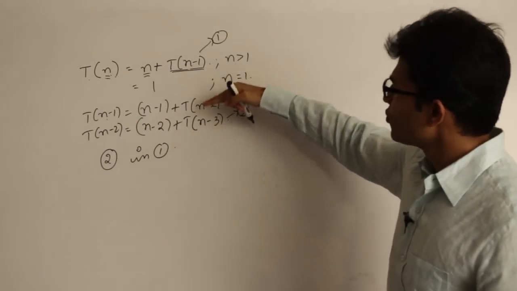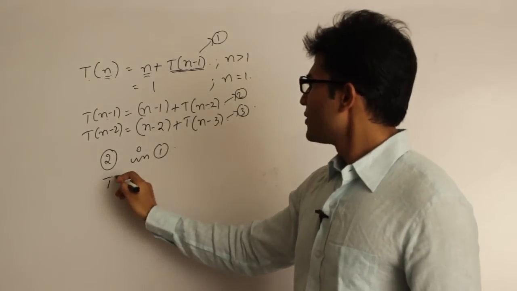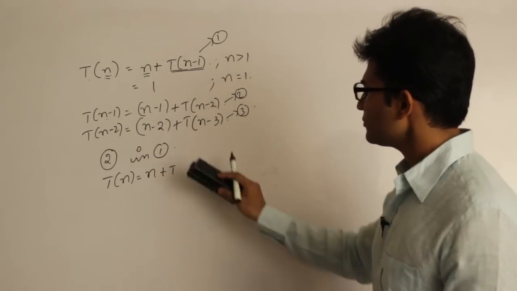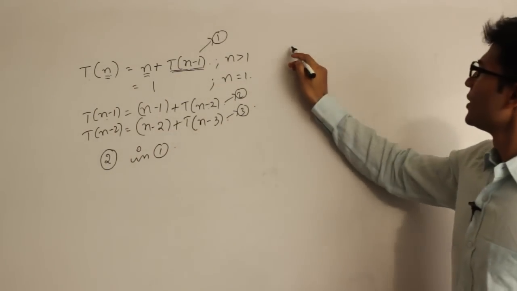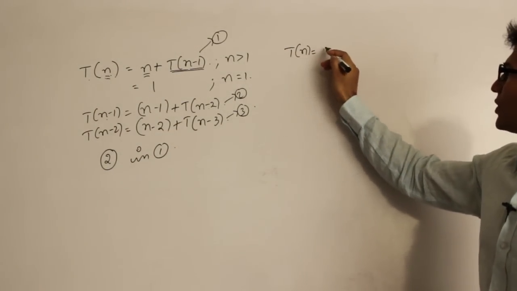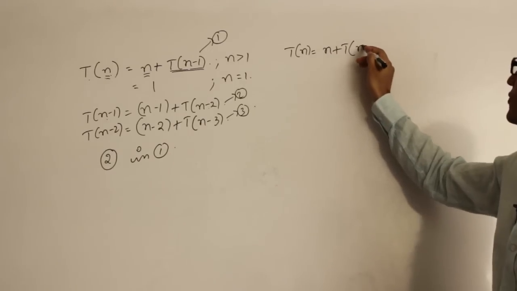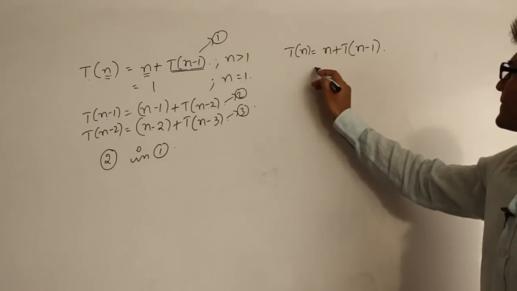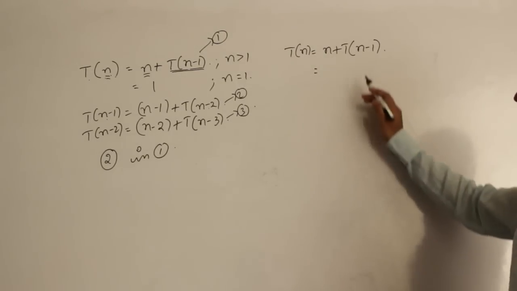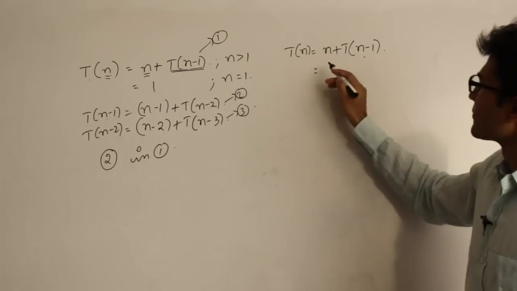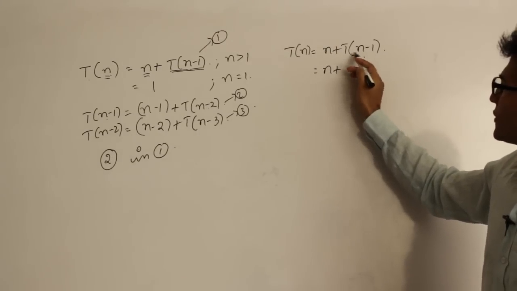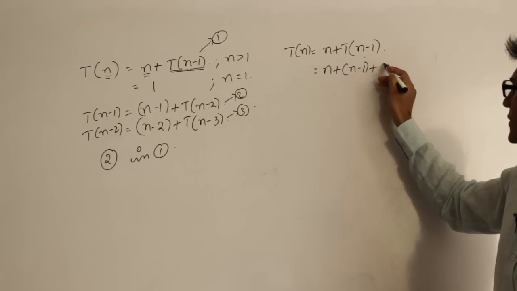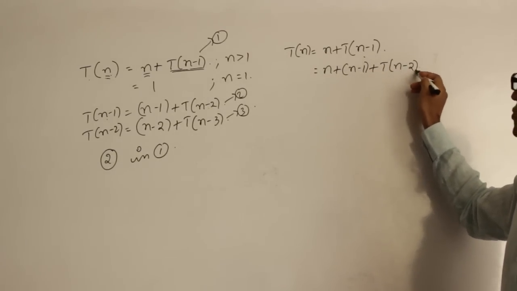If I substitute 2 in 1, which means already 1 is T of n equal to n plus T of n minus 1. Now that equals, in place of T of n minus 1, I substitute this one: n plus n minus 1 plus T of n minus 2.